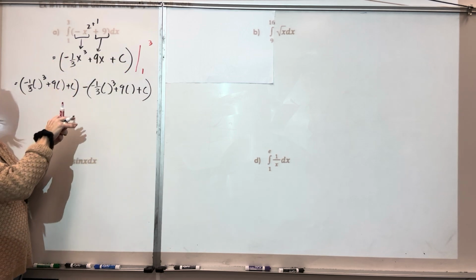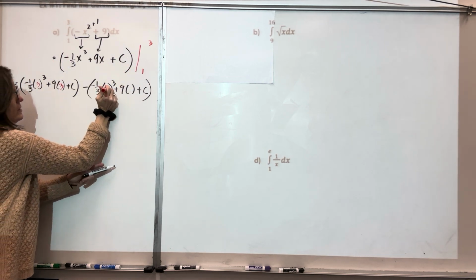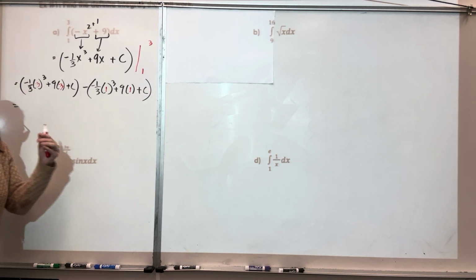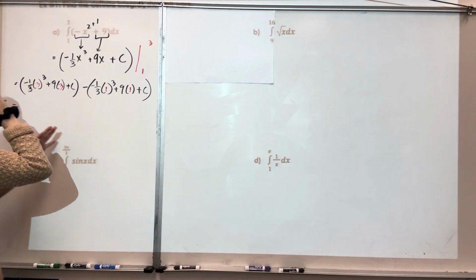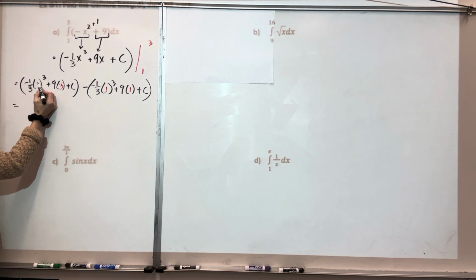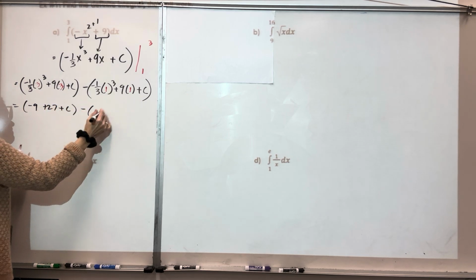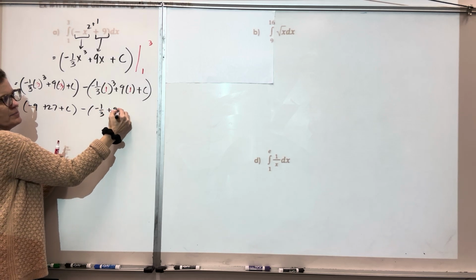Again, the first one we're going to plug in a 3, and the second one we're going to plug in a 1. So I'm just going to keep going on this first one just so you can actually see what's happening, but on the rest I might stop at that point. Here, obviously 3 cubed, 27, negative 1/3 of that would be negative 9 plus 27 plus c. Right, over here minus 1 cubed 1, so negative 1/3 plus 9 plus c.